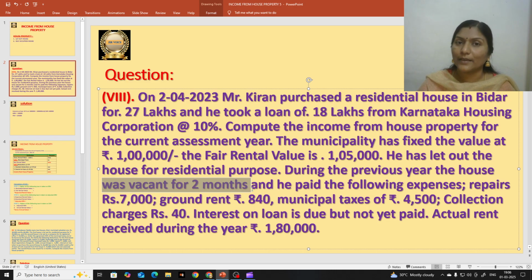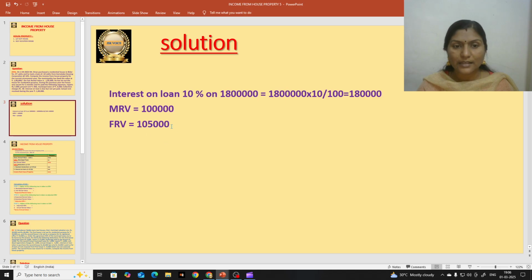Okay, the house was vacant. And this is very important, students. Whenever the house is vacant for any months, in GAV calculation, in step 3, we should follow some rules and regulations. This vacancy period should be taken into account in GAV calculation in step 3. Be careful whenever vacancy is given. Whenever the house is vacant for any months, and 2 months the house is vacant, let us take the information here.